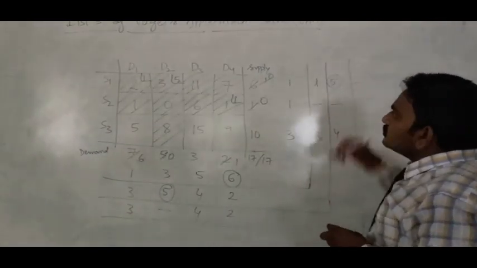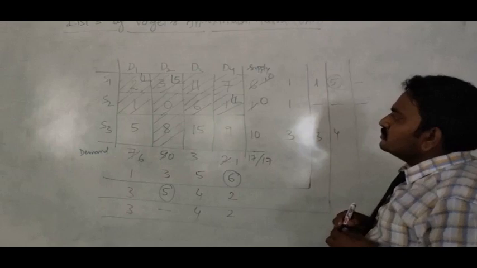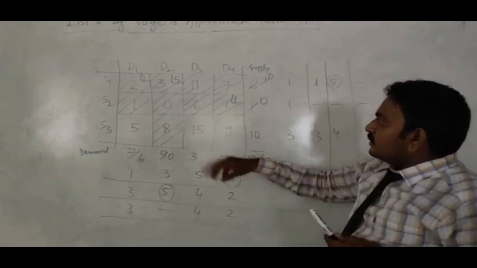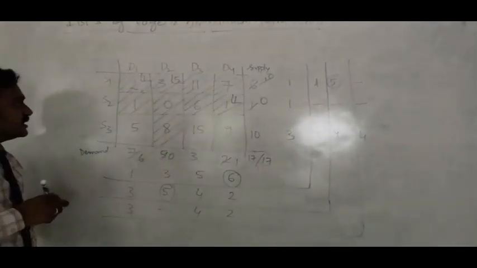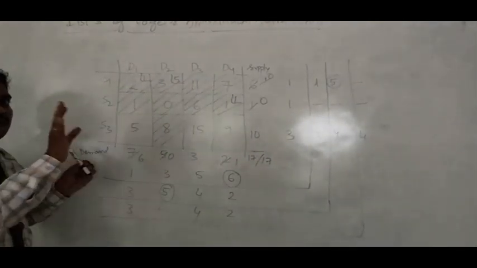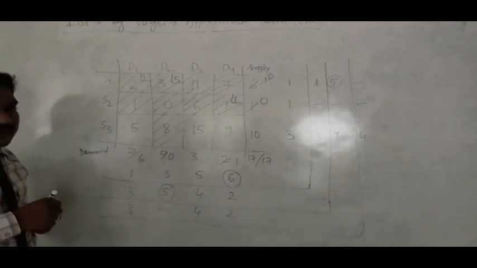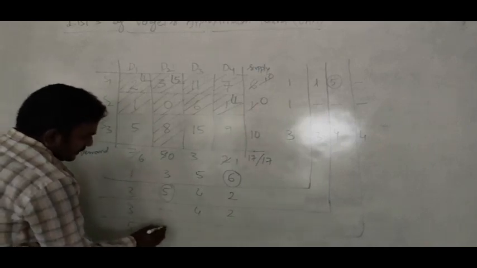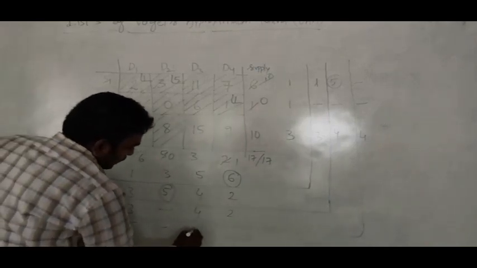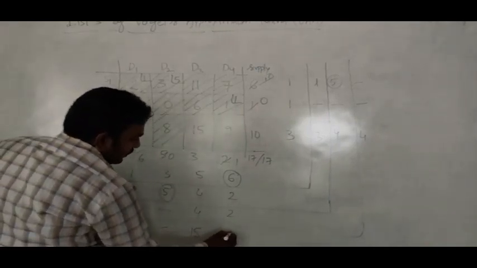This gets 0, this gets 0, and this is 4. Write down the same. Here you are left with only one particular element. So write down the same element as 5, and this is empty, and this is 15, and this is 9.